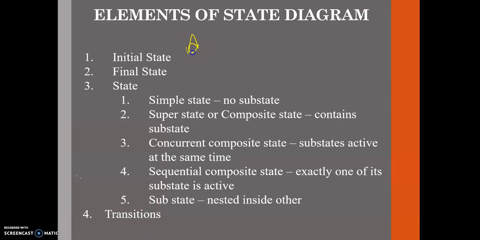This is your process for which you want to draw the state chart diagram. Now your initial is you are entering into the class, and the final is when you leave the class. So this is your entry.